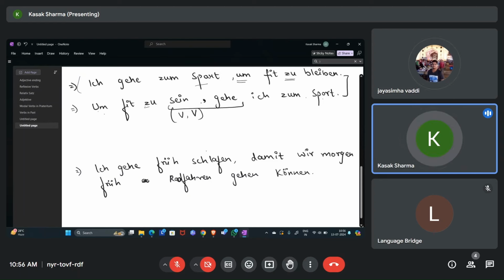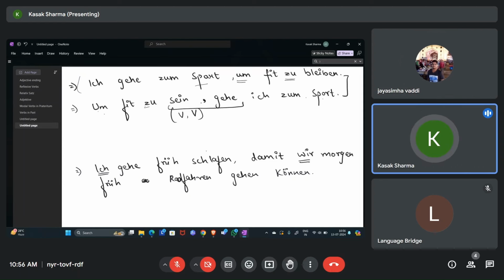Now here the subjects are different. With damit, I have two options: either I can use damit if the subject is the same in the whole sentence, or if the subjects are different. Now in this sentence my subjects are different in both clauses.